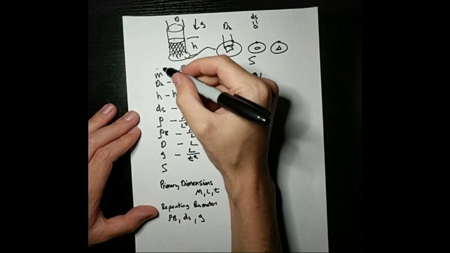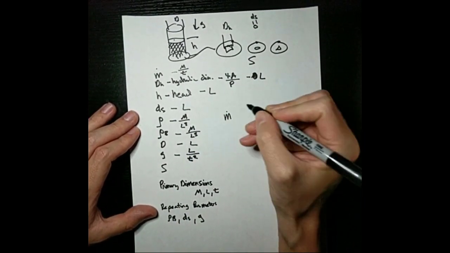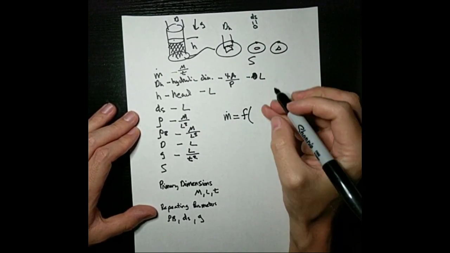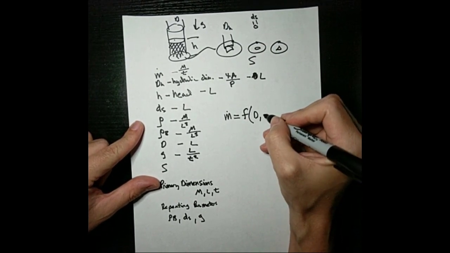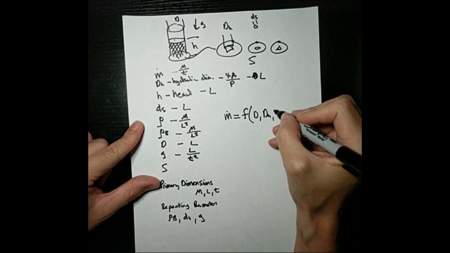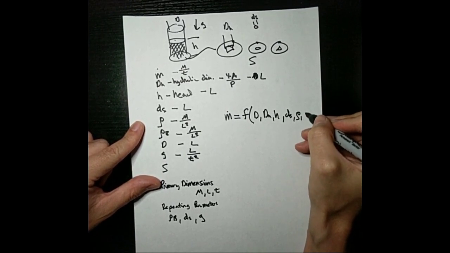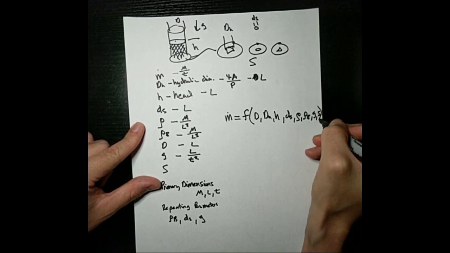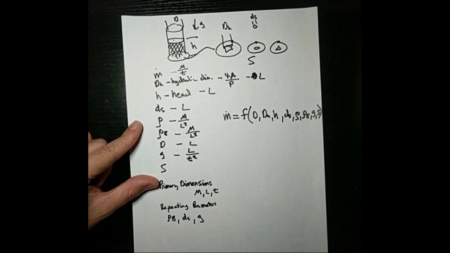So when we write out all of these parameters, what we're saying is our mass flow rate is some function of the rest of these things. So we're saying that our mass flow rate is some function of all these parameters that we're considering.